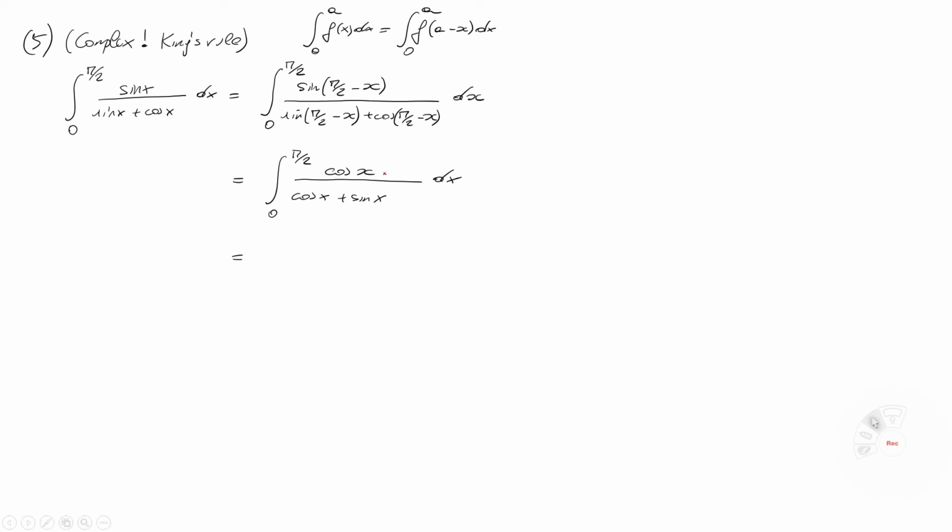So let's try to manipulate this integral a bit further. What we can do is write this as the integral from 0 to pi over 2 of cosine x, and I'm going to add the cosine and sine and subtract the sine.